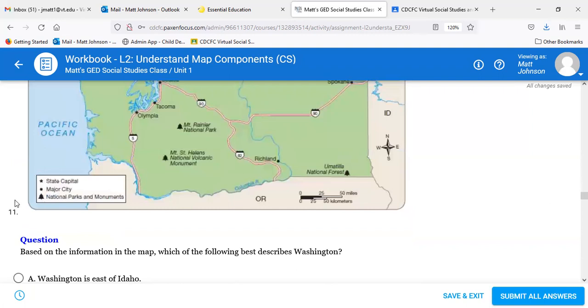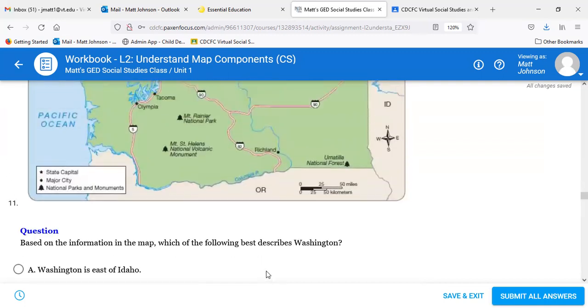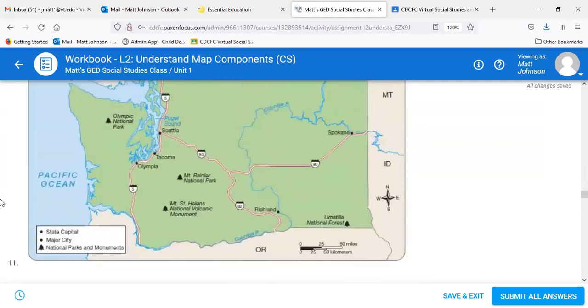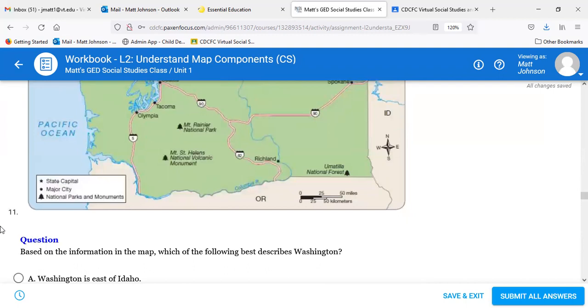Based on the information here, which of the following best describes Washington? Washington is east of Idaho, Washington is landlocked, Washington borders Canada and California, or Washington has several national parks and monuments. So where is Washington? D, I see it. It's not landlocked because it sits on the Pacific Ocean. It's not east of Idaho because Idaho's over here, so it's west of Idaho.